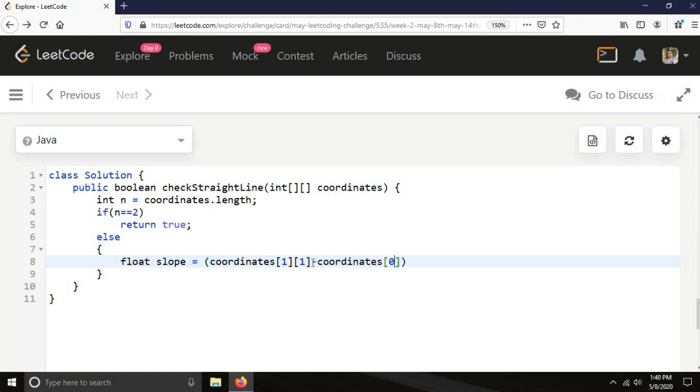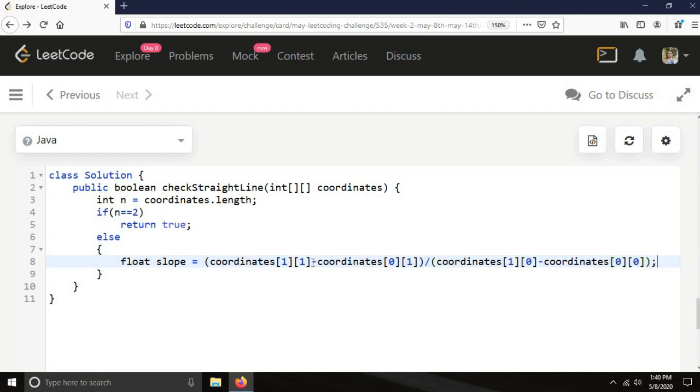divided by x2 minus x1. What will be the value of x2? Value of x2 will be 1 0, and x1 will be 0 0.